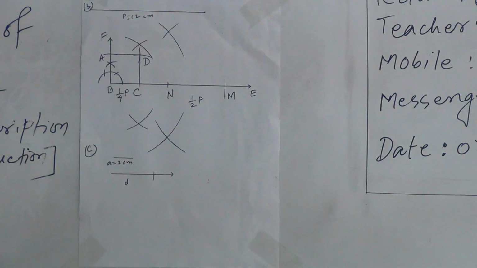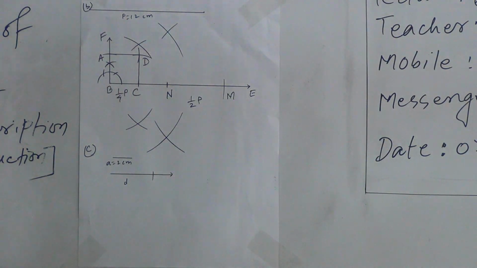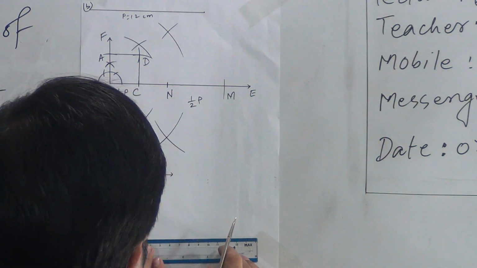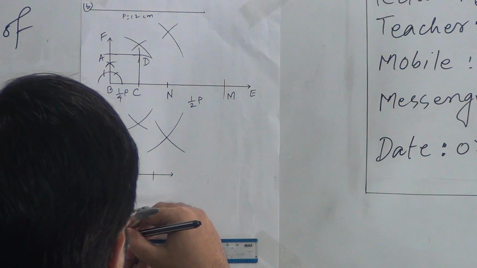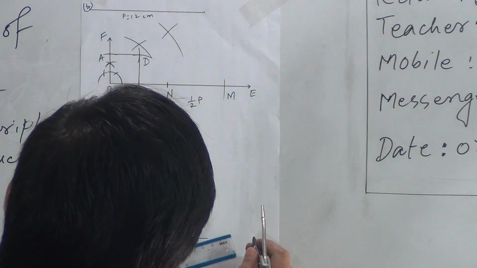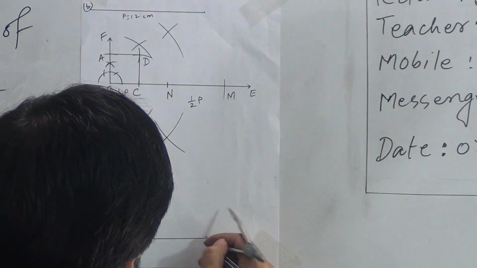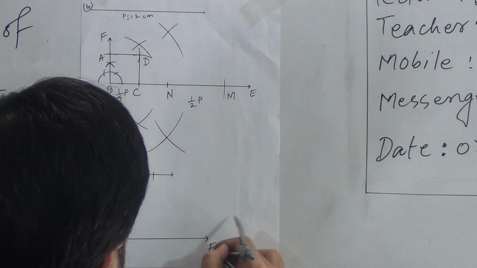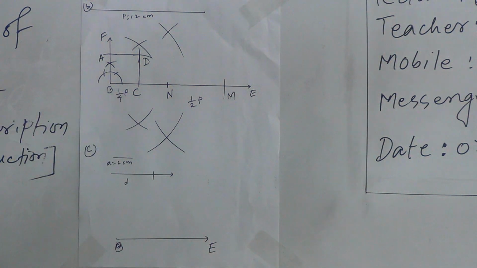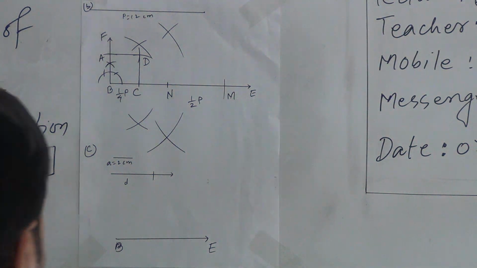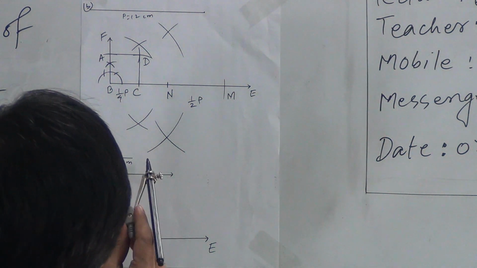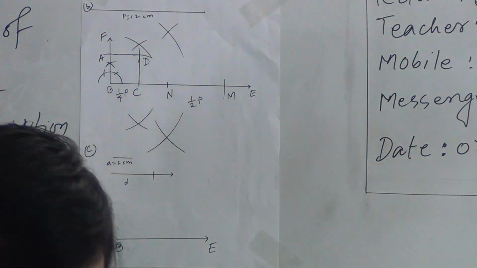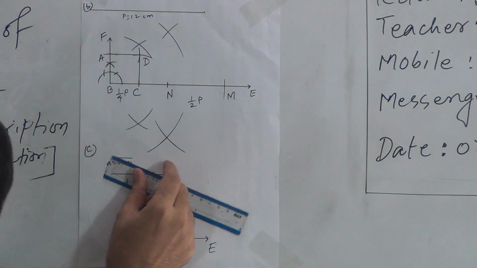Now I'll draw the rectangle. To draw the rectangle, at first I have to take any ray. Suppose the ray is BE. Then from this ray BE, at first take one side, that is equal to 2 centimeter. Is it 2 centimeter exact?